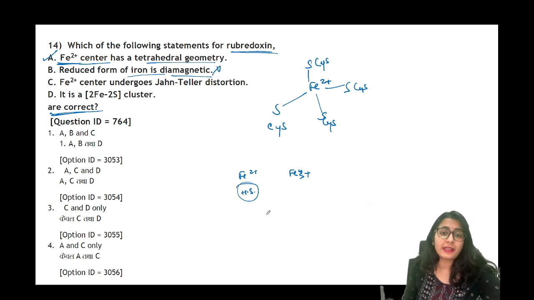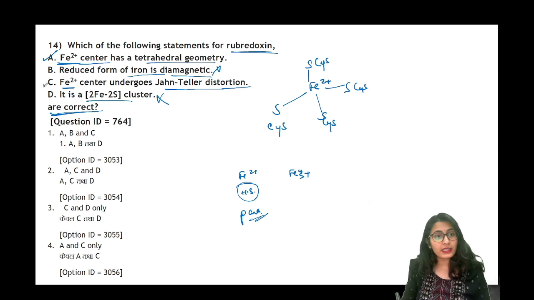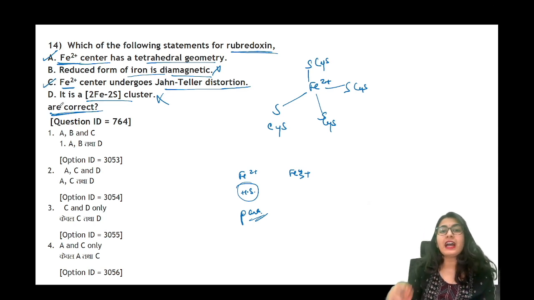It's going to be paramagnetic in nature. Yes. Iron 2 plus center undergoes Jahn-Teller distortion. Alright. It is a Fe2S2 cluster. So this is wrong and this can be correct. A and C are the only correct options. B and D cannot be correct. तो आप elimination option से भी देख सकते हो. A and C is going to be the correct answer.